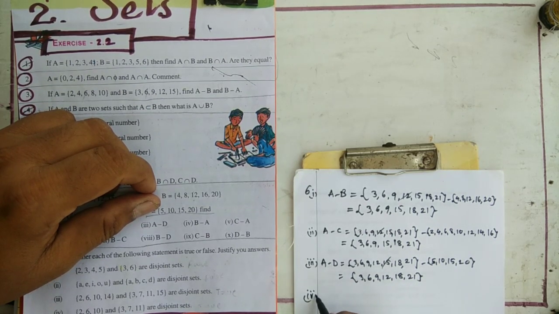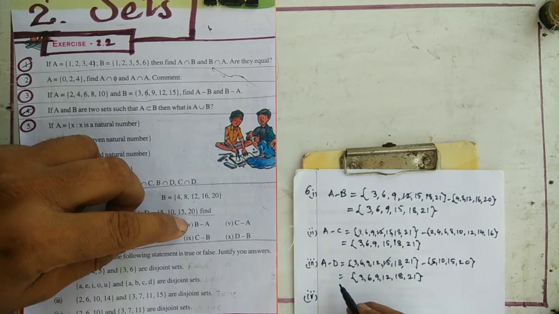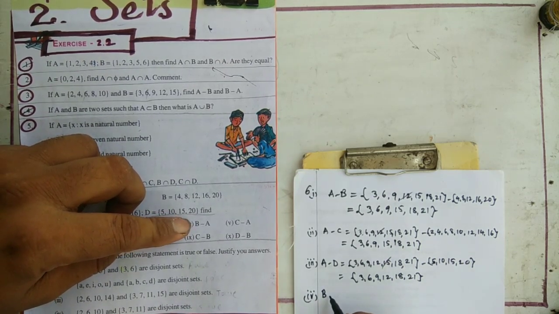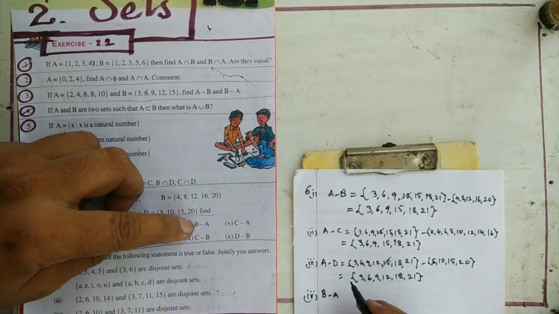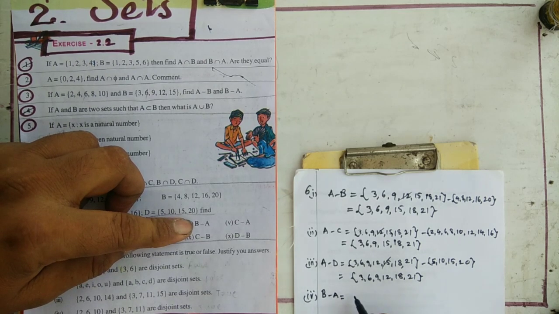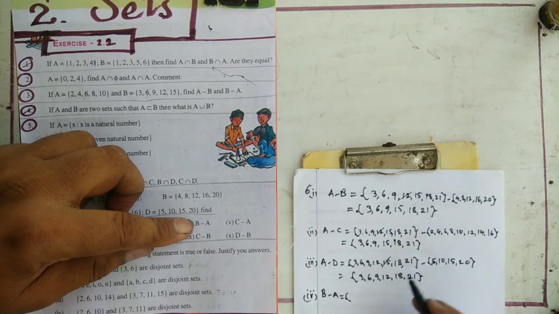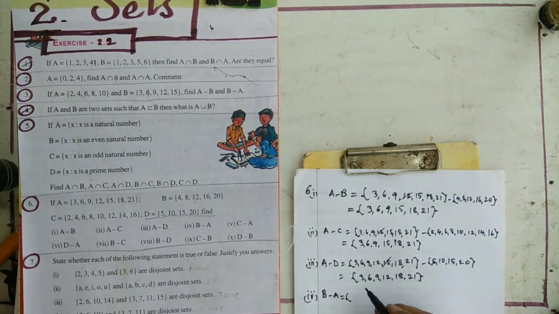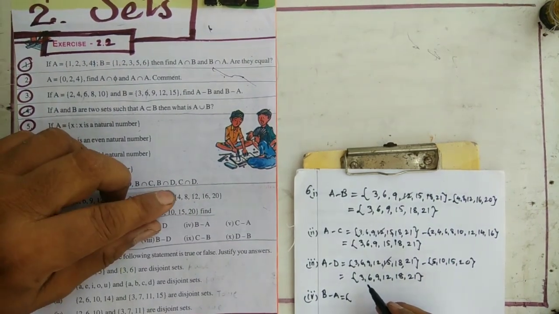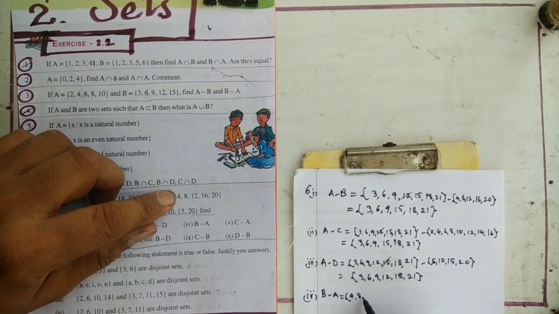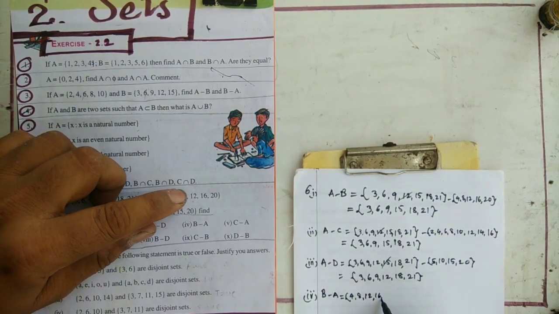Next, fourth problem, B minus A. First B, you have to write B: 4, 8, 12, 16, 20.